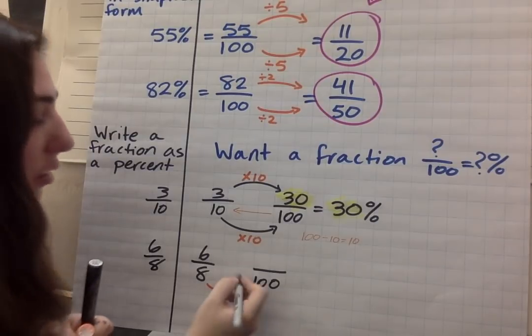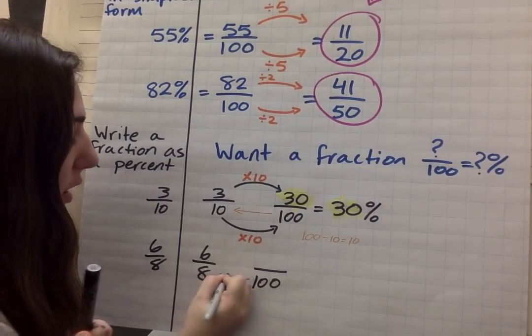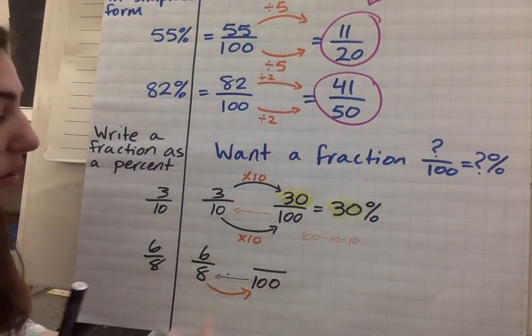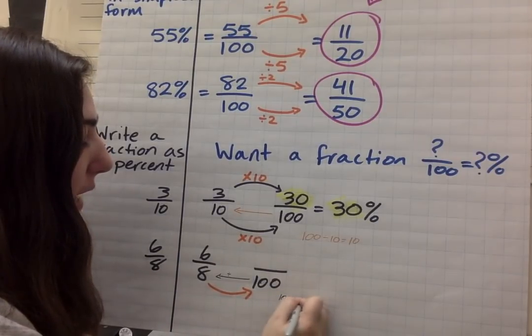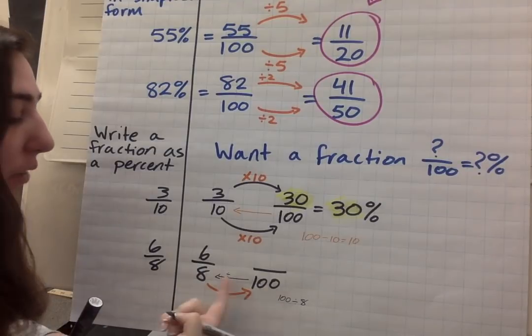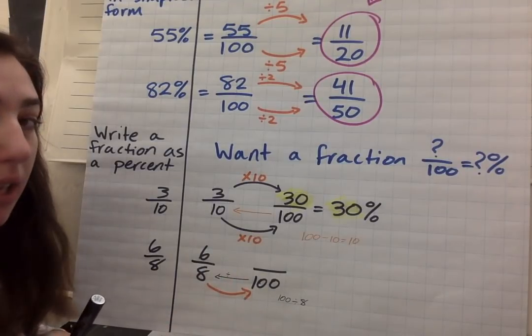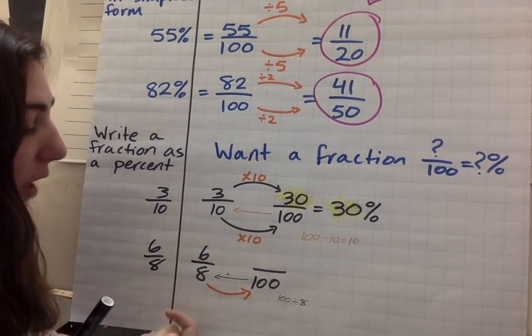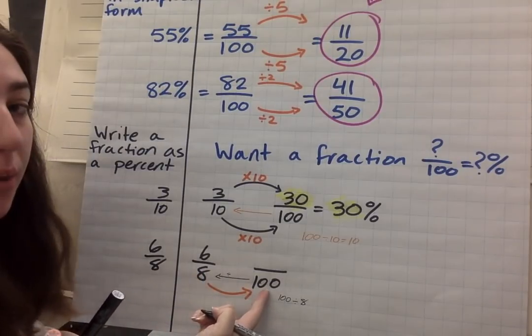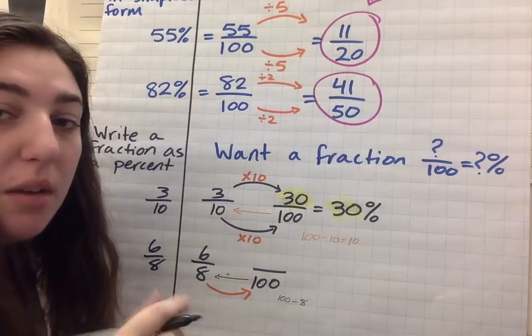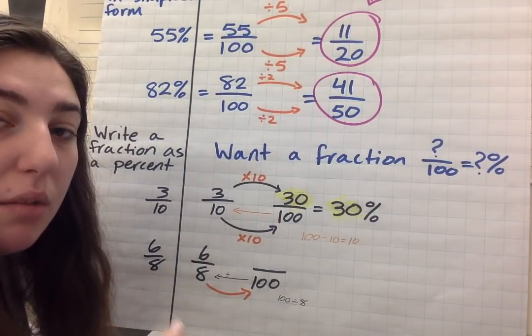And I'm going to have to go in the reverse direction and divide. So in order to do that, I need to do 100 divided by 8. That way I can figure out what needs to go here, and that'll let me figure out what I need to multiply 8 by to get 100. Because remember, division and multiplication, they reverse each other.